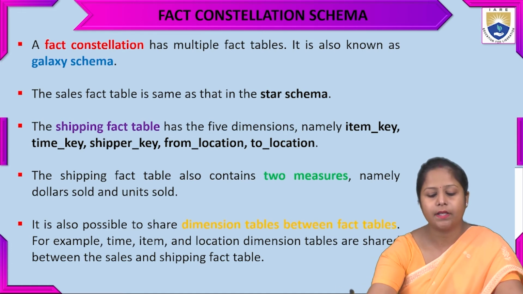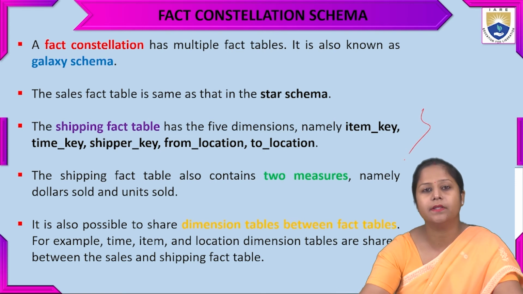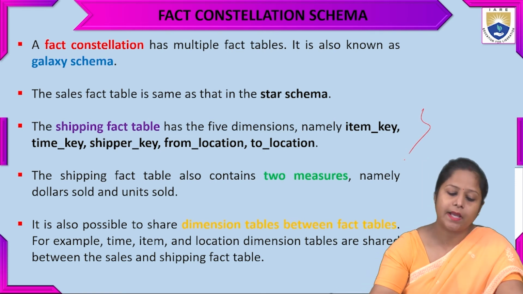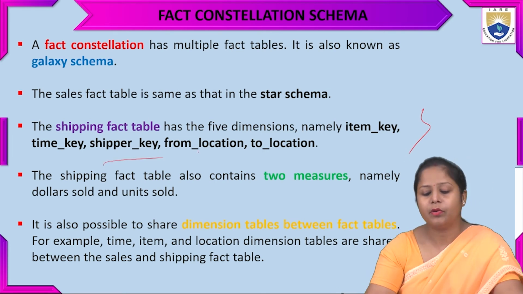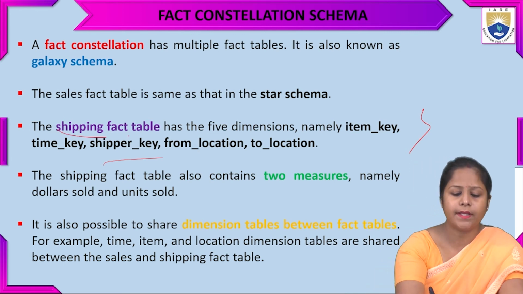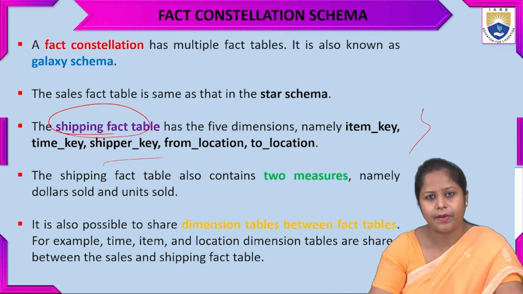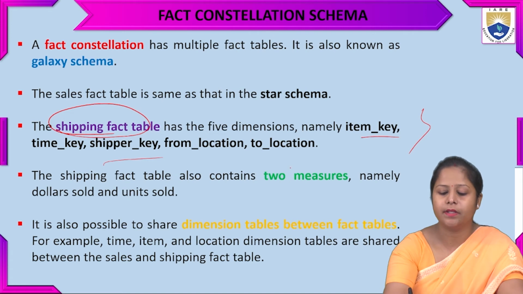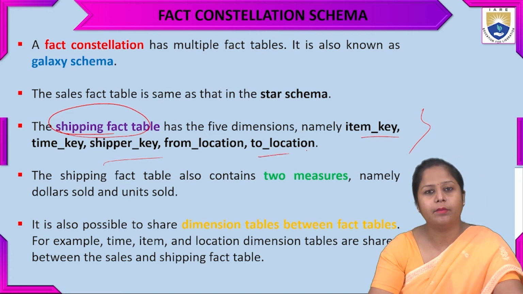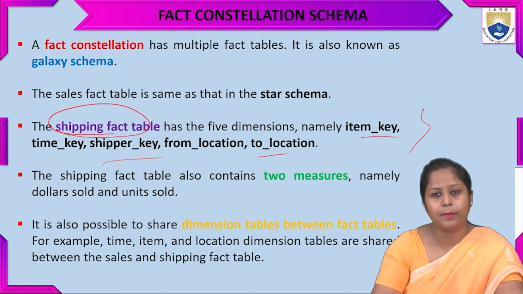The shipping fact table has the dimensions item key, time key, shipper key, from location and to location, right? So the second fact table which we have seen in the fact constellation was not there in the star and snowflake schemas. The shipping fact table also contains two measures.